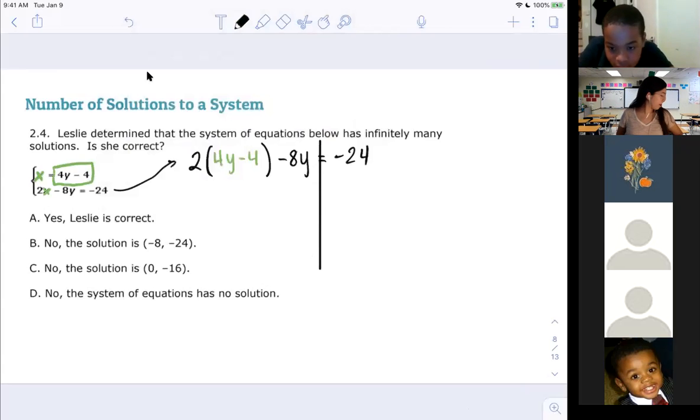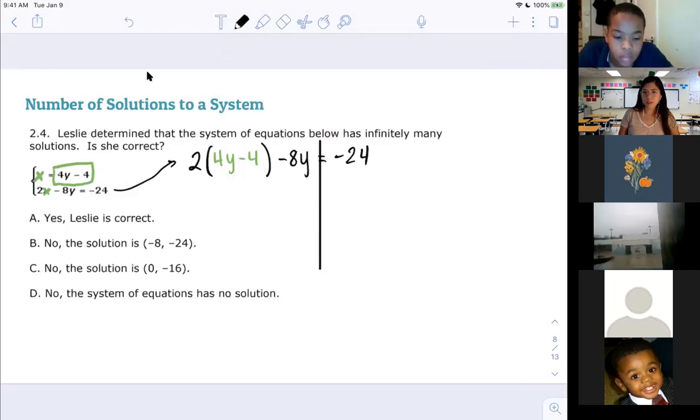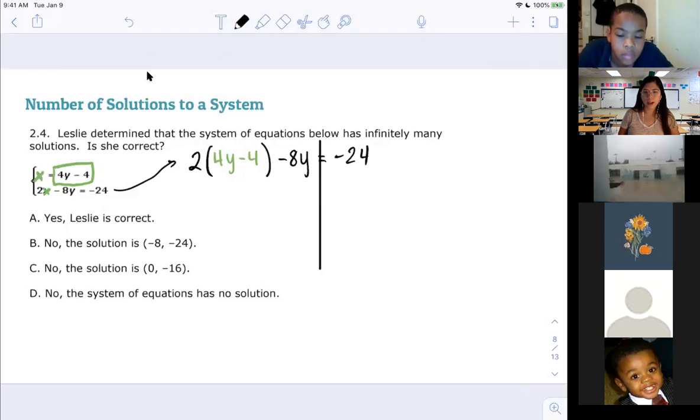Go ahead and solve for y. Send me your answer once you have it. So I want to see an answer from Jalen, Eric, Daniel, Emily, and Alejandro.